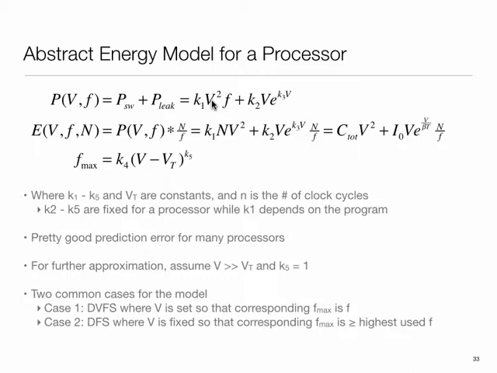Roughly speaking, remember there was an alpha in the C term, so that will correspond to some constant. So there's some constant K1, V squared F, that's the dynamic power, and some constant K2, V e to the power V3B. This shows that there is an exponential dependence of leakage on voltage. So this is how this term is going to look.